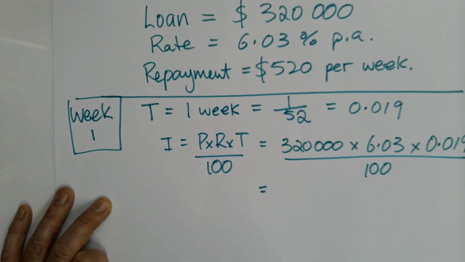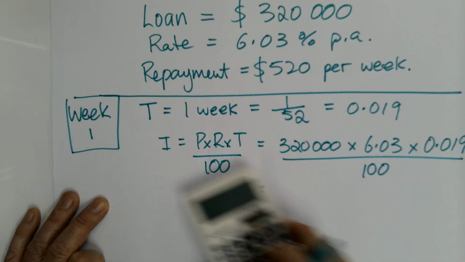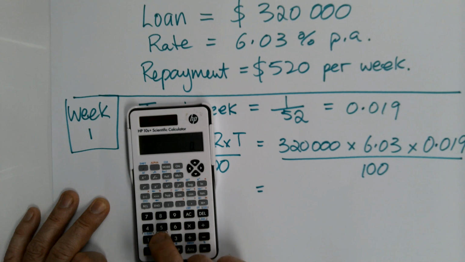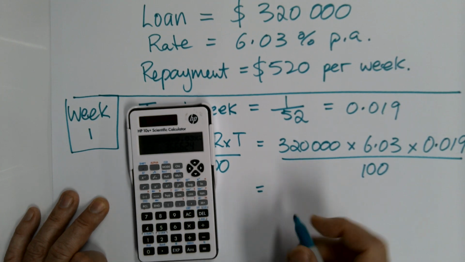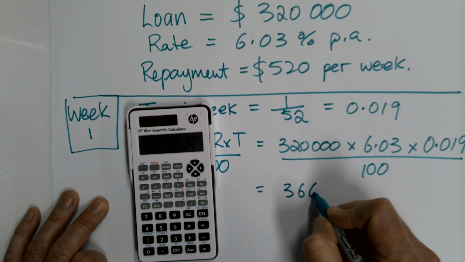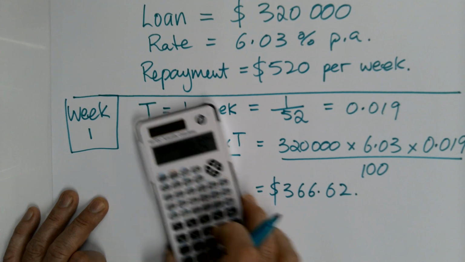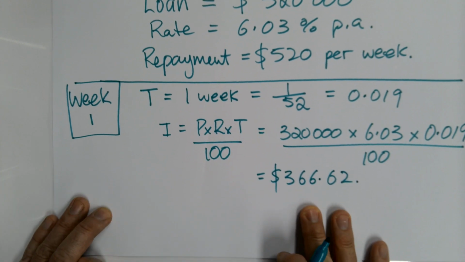So there's nothing new there. Let's do the calculations. 320,000 times 6.03 times 0.019, divide that by 100, is $366.62. All right, so that's the interest they're going to add.